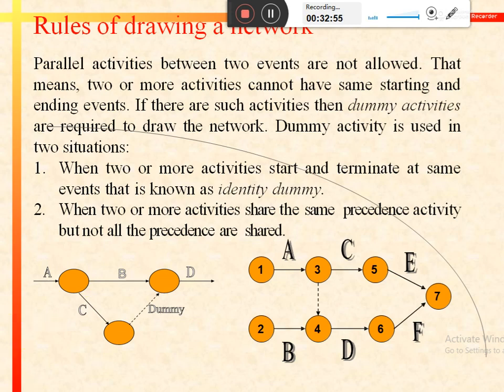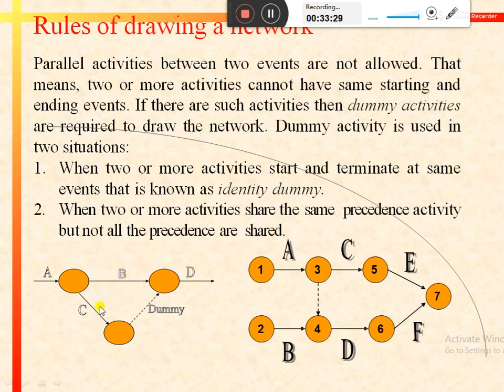We would represent activity C through another route by including a dummy activity. Here activity B would be represented directly between the two events. You can give any number to these events; suppose it is 1 and 2. So between event 1 and 2 there are two activities, activity B and activity C.